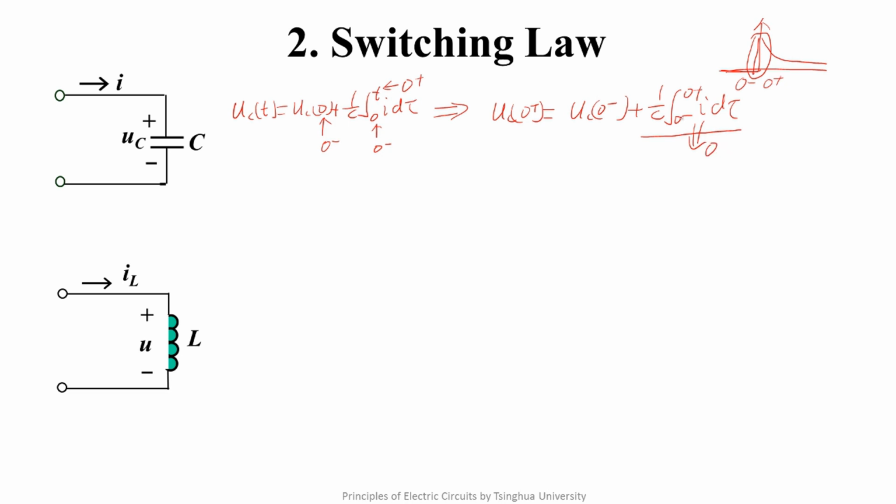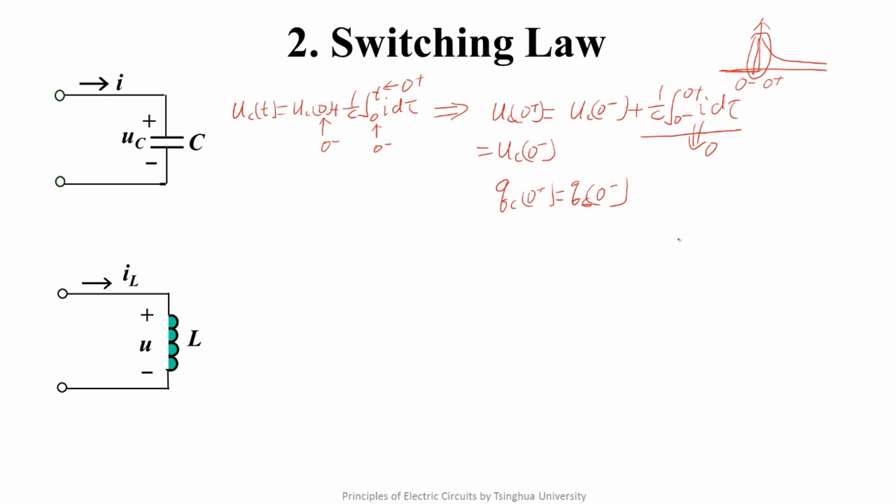That is, if the i value is not infinite, the integral value from 0 negative to 0 positive is 0. So uC(0+) is equal to uC(0-). The condition is that iC is not infinite during 0 negative to 0 positive. Of course, uC(0+) equal to uC(0-) means that qC(0+) is equal to qC(0-). So we prove the charge conservation in another way.